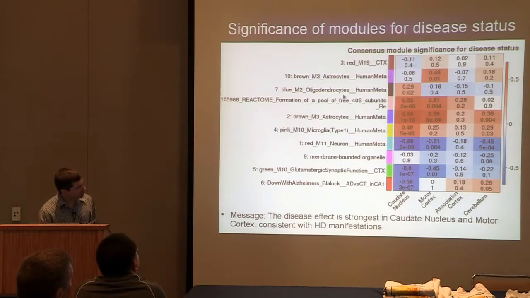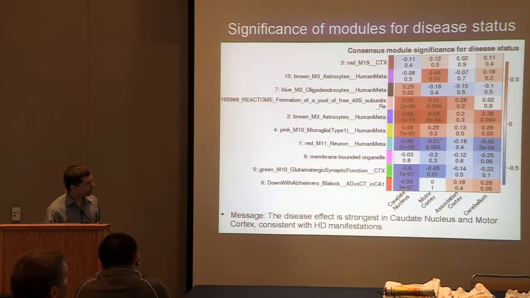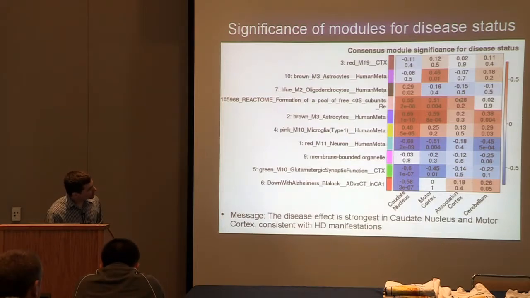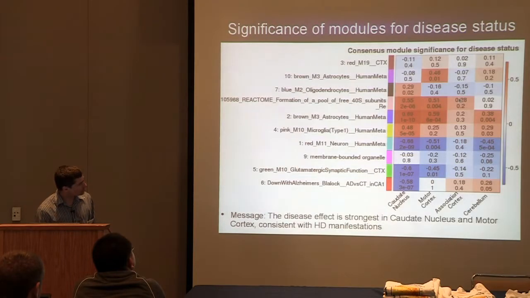So here is a heat map of the association between the module eigengenes, here are the modules, and the Huntington's disease status in the 4 areas. So each column is 1 brain area. So if you look at the red modules, what are they enriched in?